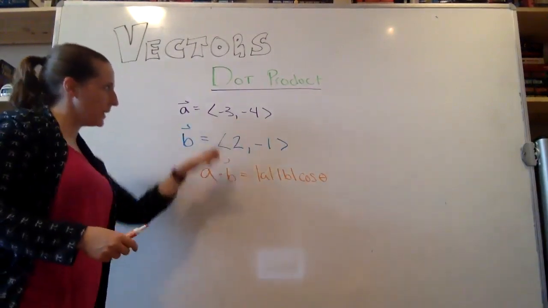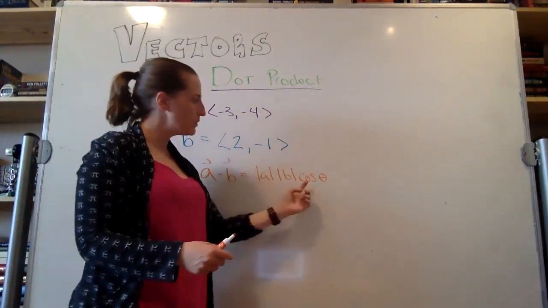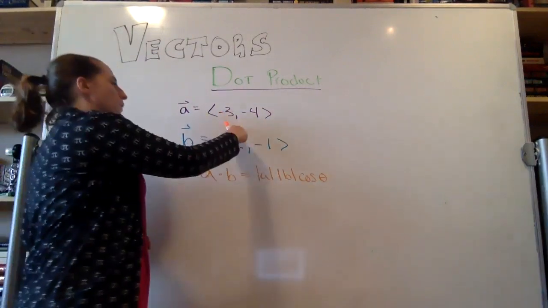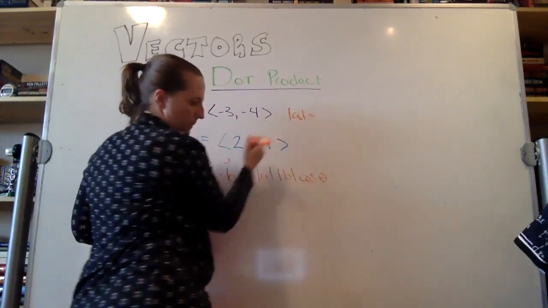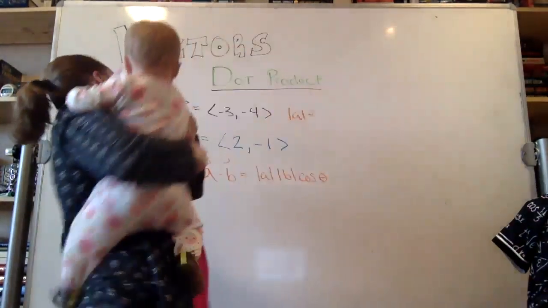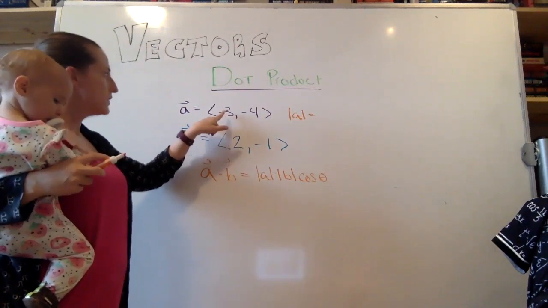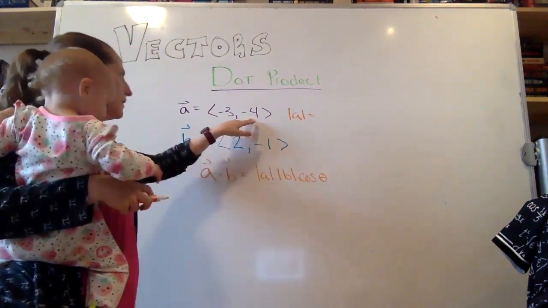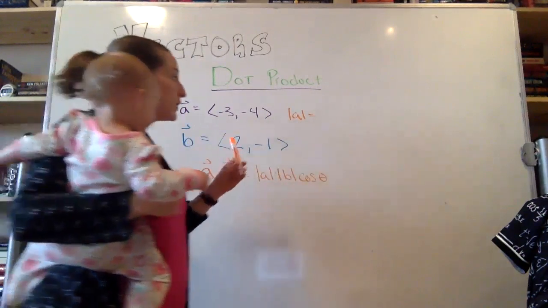We can figure out A dot B doing the algebraic method. We can figure out the magnitude of A and the magnitude of B, which means the only thing we won't know is cosine of theta, or theta. We already found the magnitude of A, but let's find it again since I erased it. The magnitude of A is my horizontal component squared, so -3 squared is 9, plus my vertical component squared, -4 squared is 16. 9 plus 16 is 25, and we're going to take the square root of that.